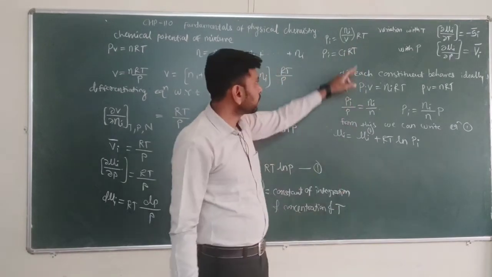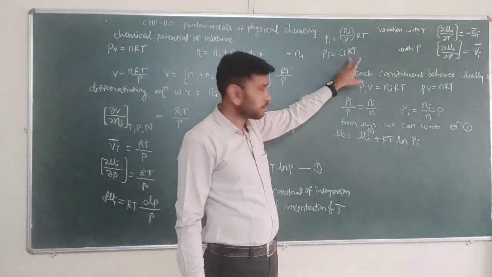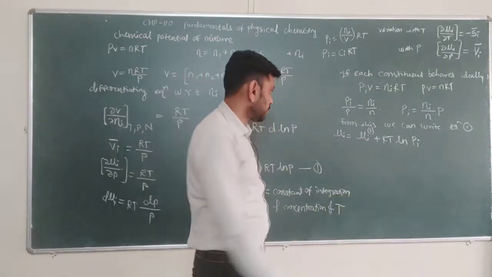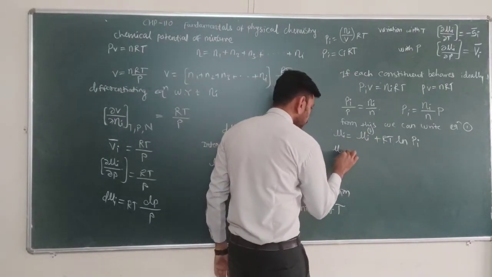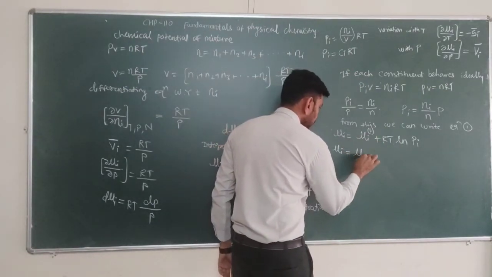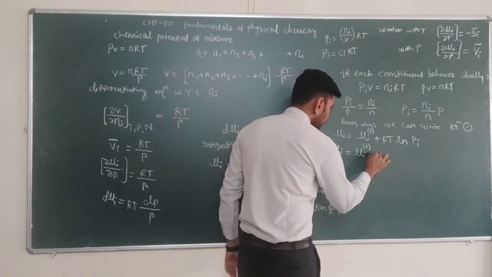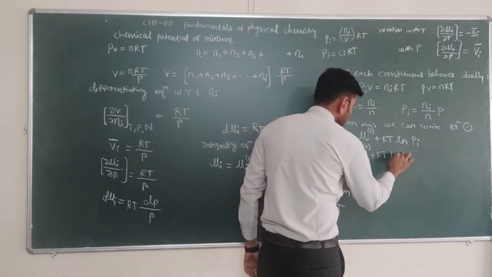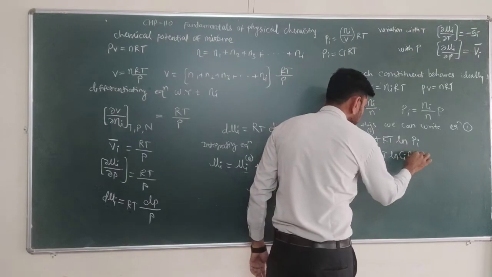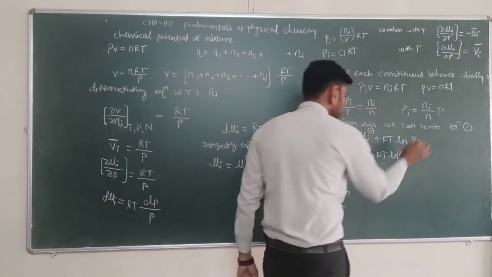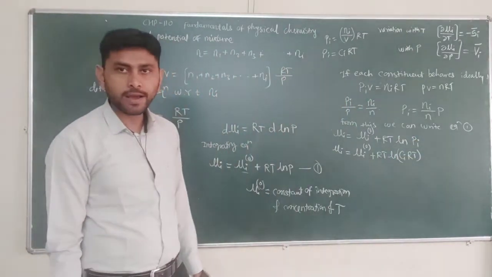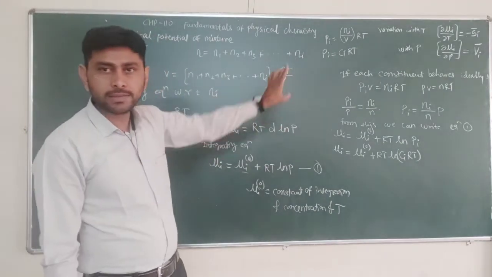Now we replace this into the equation, Pi by Ci RT. So mu I equal to mu I0 plus RT ln Ci RT, where Pi has been replaced by Ci RT from the ideal gas equation.